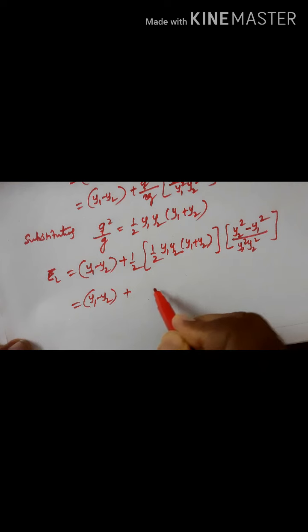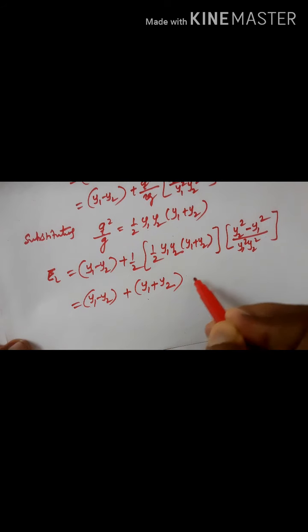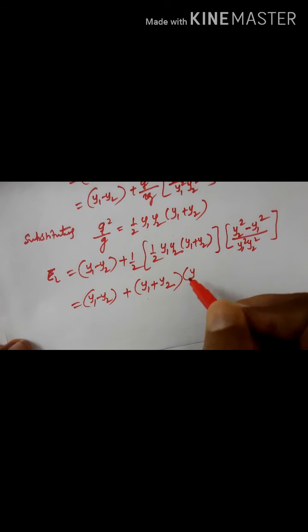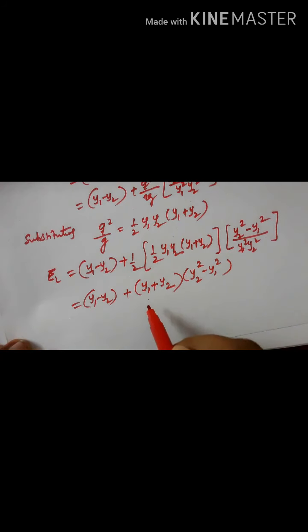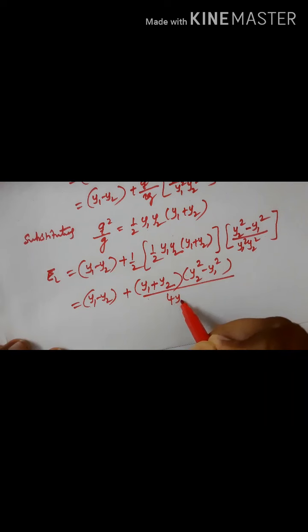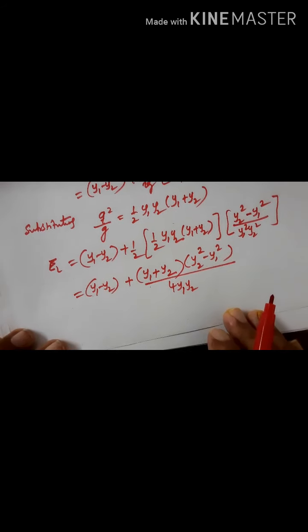Plus, when you simplify that, you will get y1 plus y2 one term, then we'll get y2 square minus y1 square divided by 4 y1 y2, okay.